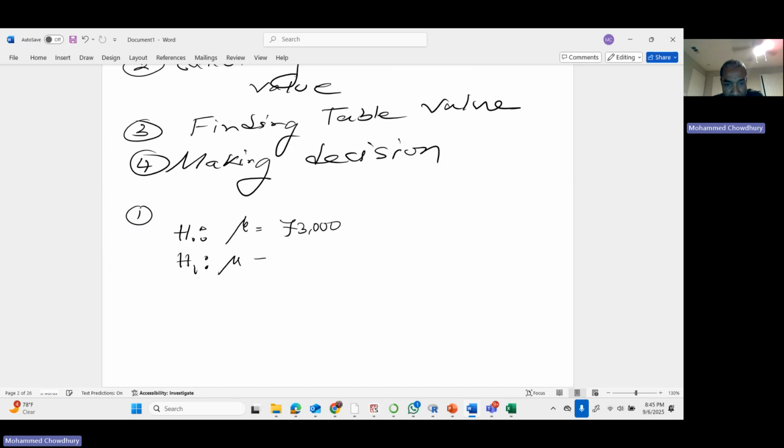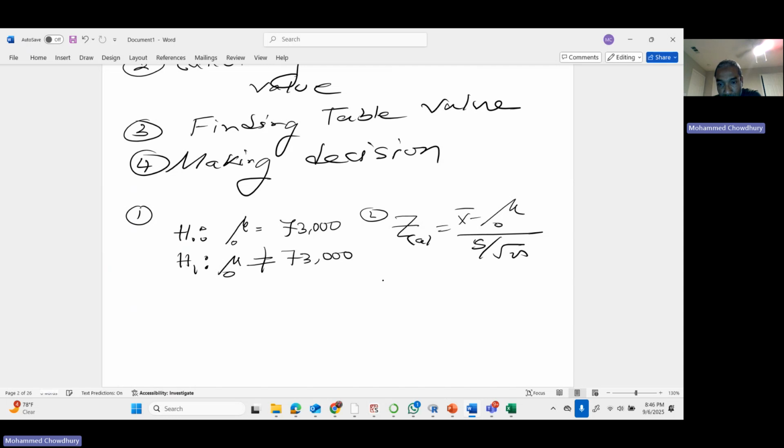So the alternative hypothesis is not equal to. Whether it should be greater than, less than, or not equal to must be decided from the data. Number two is computing the calculated value, which is x bar minus mu 0, divided by s over square root of n.